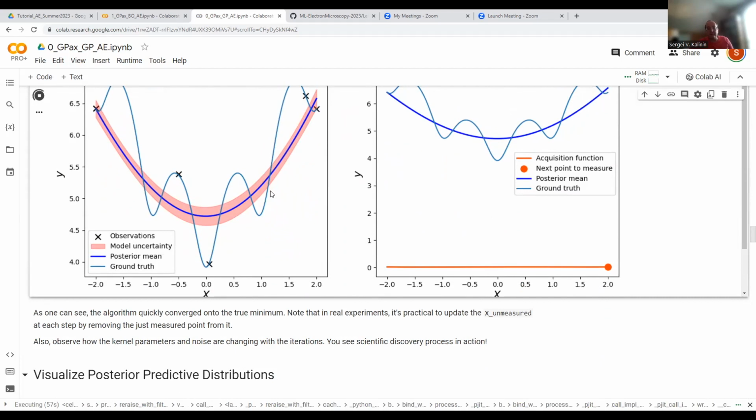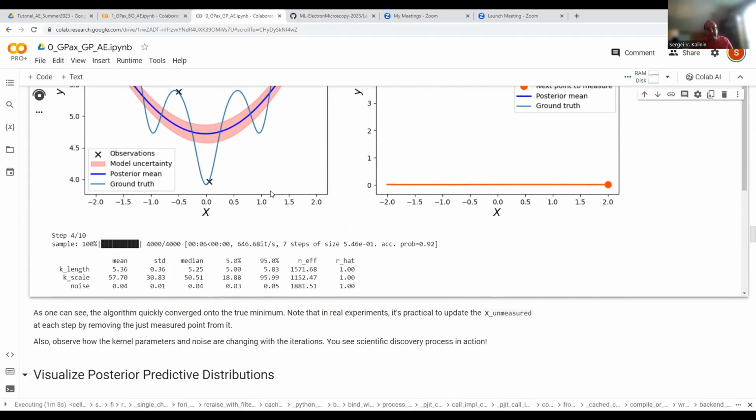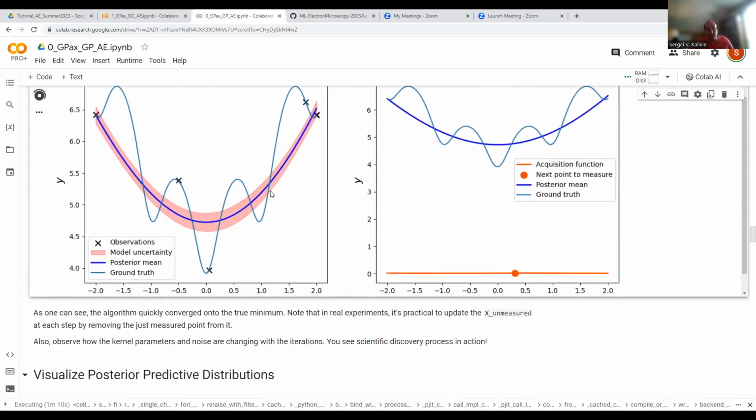We introduced the constraint on the kernel length, so we used this rigid uniform distribution, and we basically said that the kernel length cannot be smaller than a certain value, which basically means that no matter what the experimental results are, we will not be able to converge to the right answer.